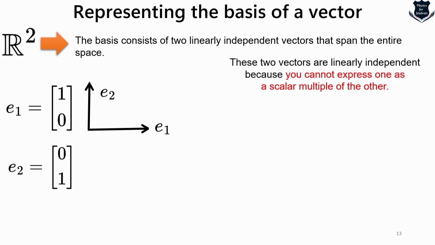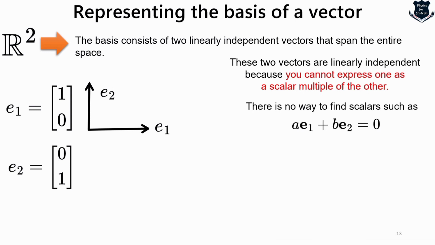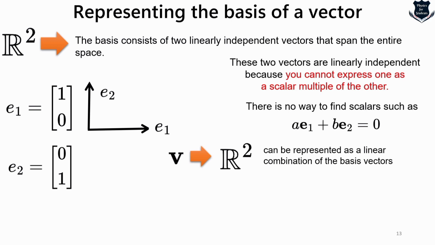Now these two vectors are linearly independent because you cannot express one as a scalar multiple of the other. That means there is no way to find scalars a and b such that a E1 plus b E2 gives the result 0. That is not possible. If I take any other vector, say V in R2, it can be represented as a linear combination of the basis vectors.